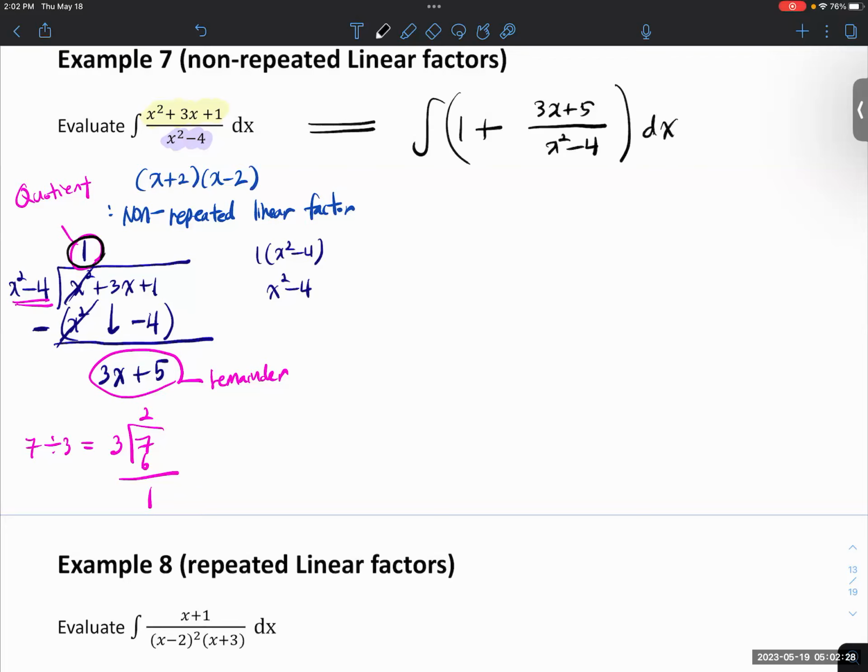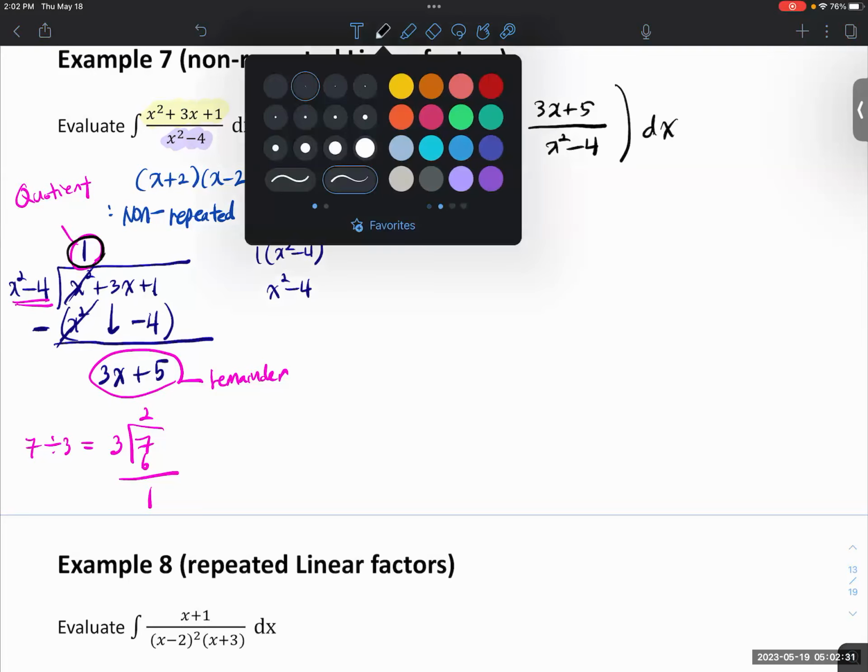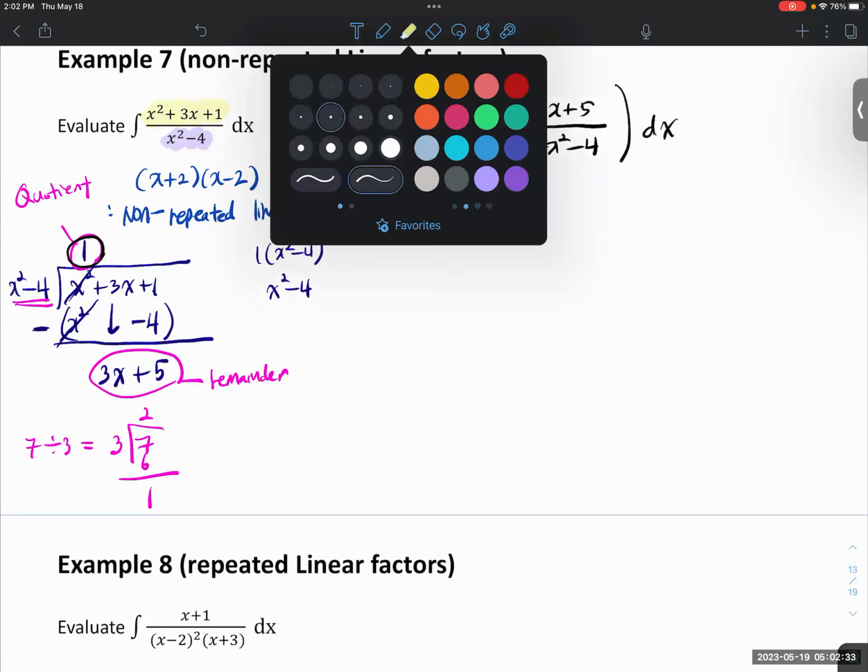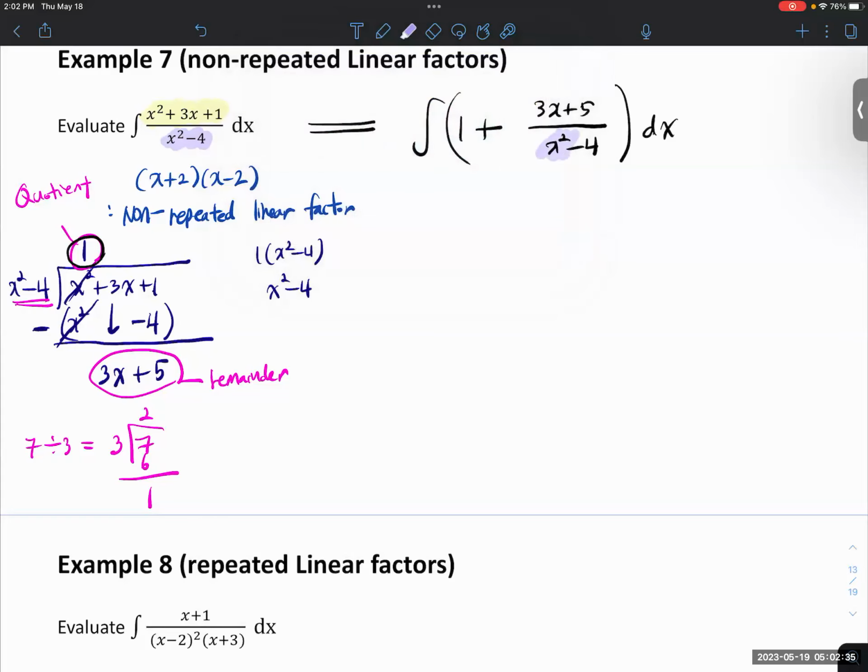And now we found out this denominator is a non-repeated linear factor. So therefore, we have the integral of 1 dx and then the integral of (3x plus 5) over (x plus 2)(x minus 2) dx.